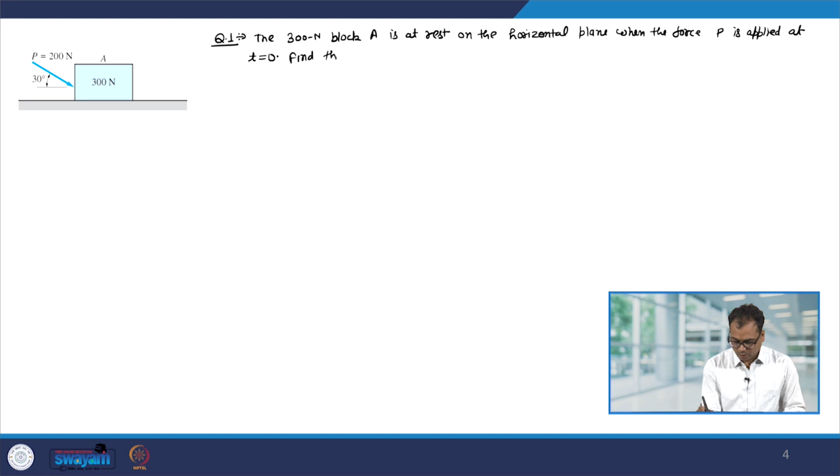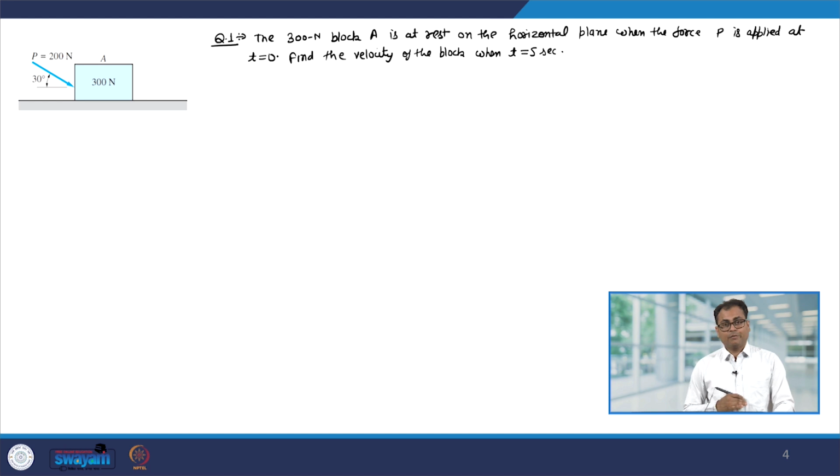Find the velocity of the block when t is equal to 5 seconds, and it is given that the coefficients of static and kinetic friction are 0.2.